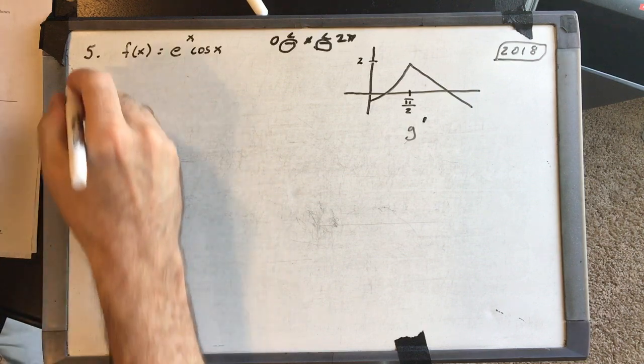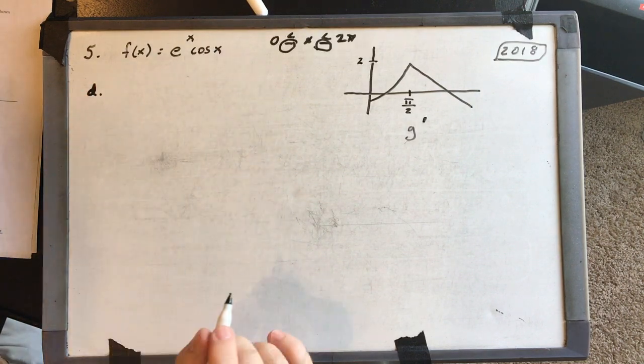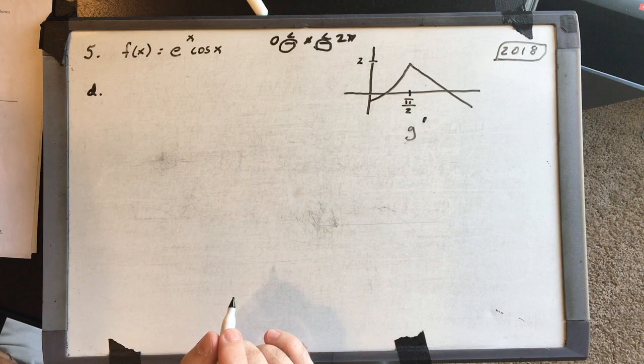So part D is we want to take, it says let g be a differentiable function so that g of pi over 2 is equal to 0. The graph of g prime, the derivative of g, is shown below.